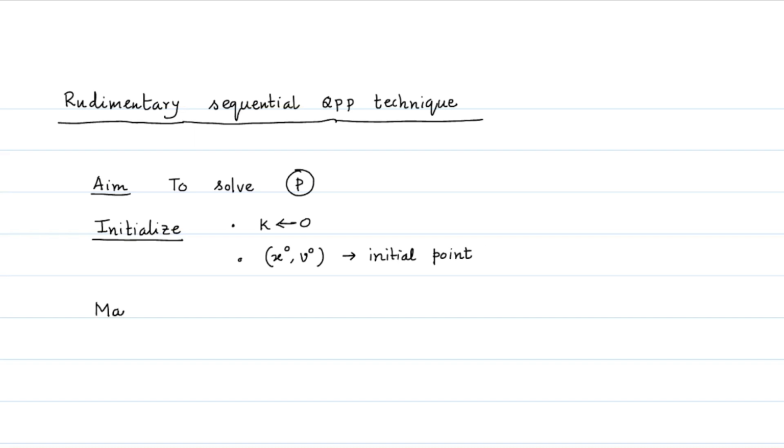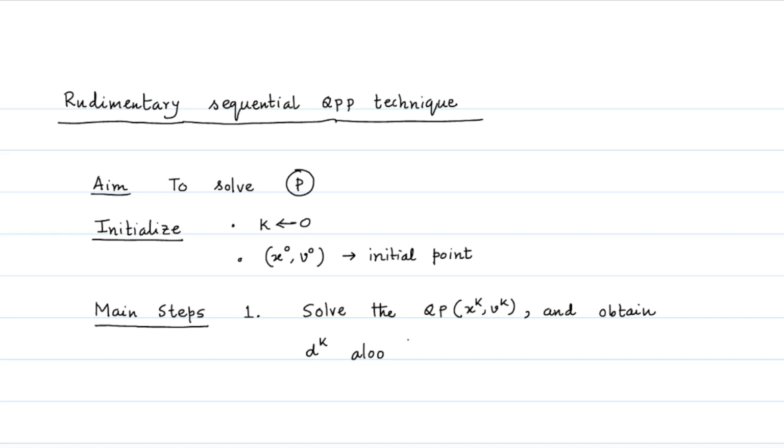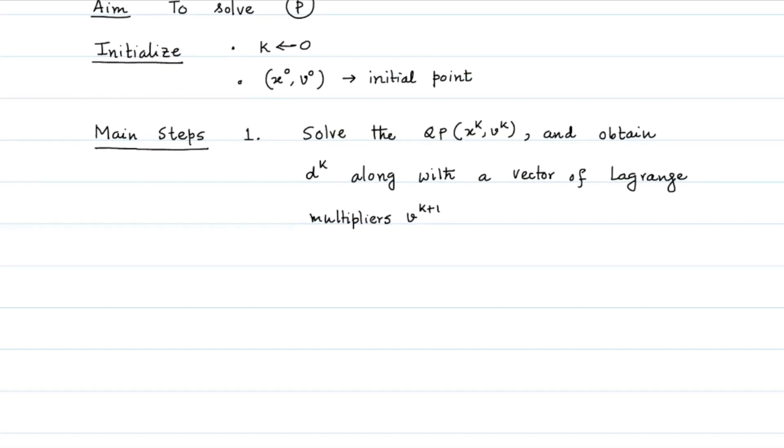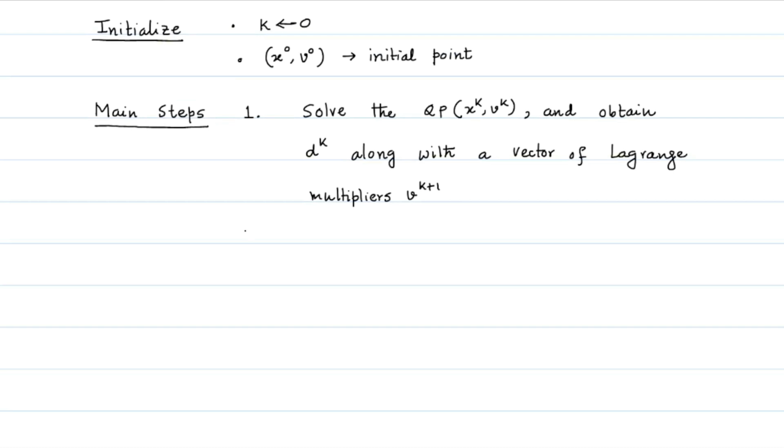Then we start the main steps. Solve the quadratic programming problem, obtain dk along with a vector of Lagrange multipliers vk plus 1, and then check whether dk is the null vector.